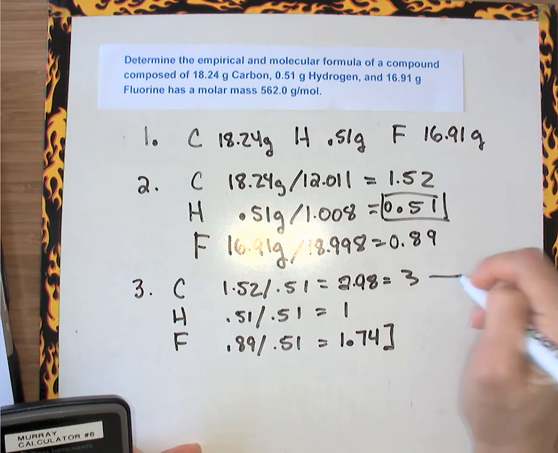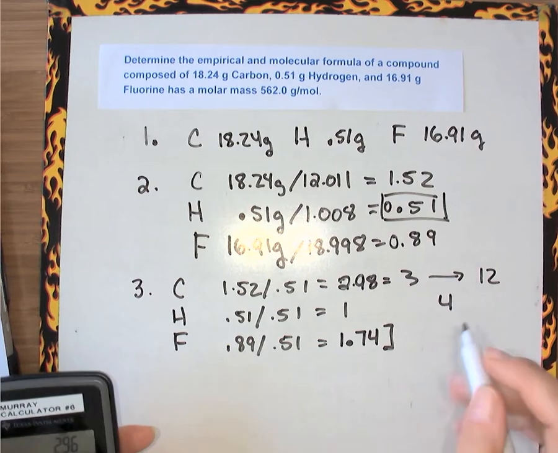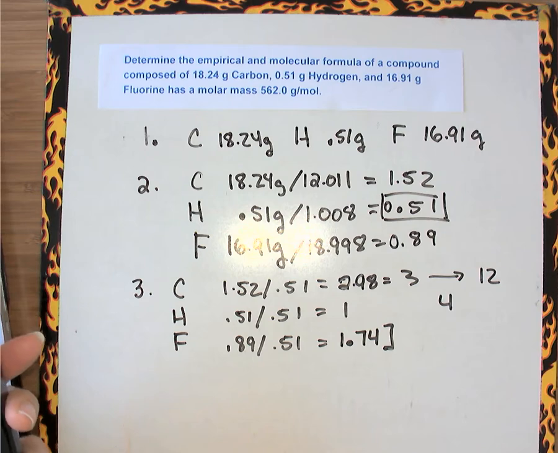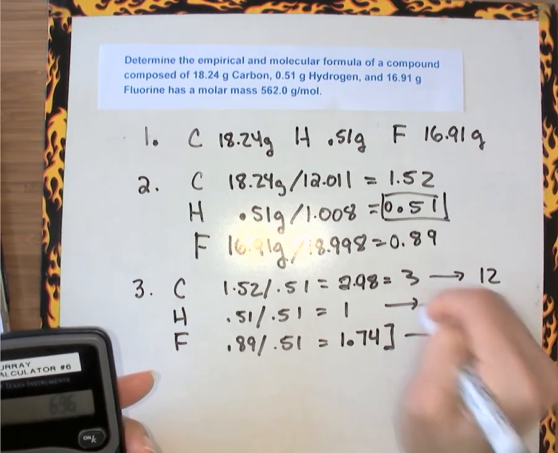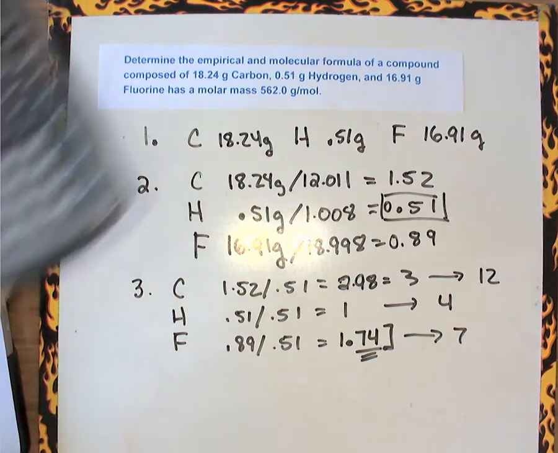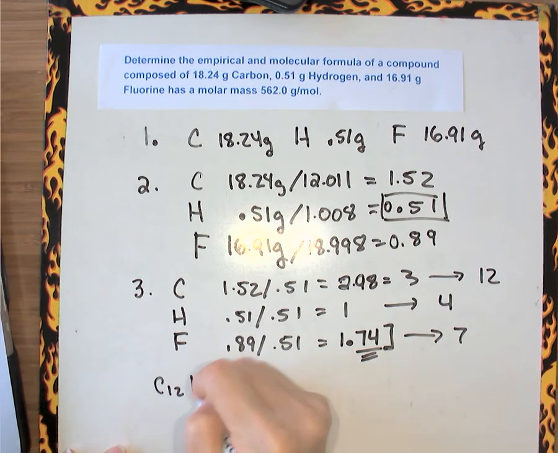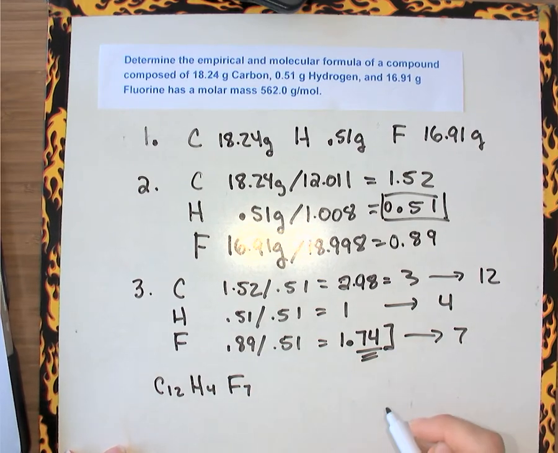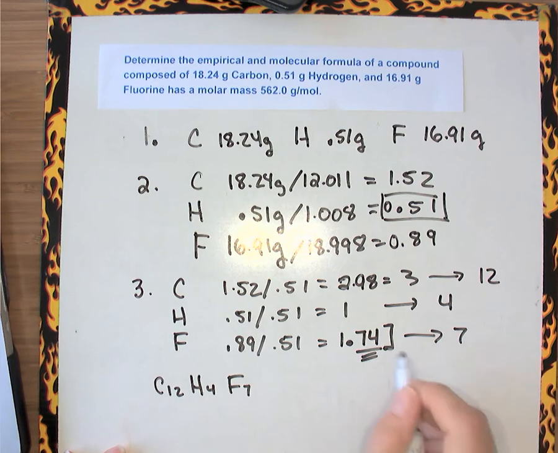So this is going to be 12, 4, and 1.74 times 4 equals 7. Okay, because that was right in the middle. Okay, so this is a harder problem. So we have C12, H4, F7. Okay, and I did that multiplied by 4 because I wanted to get to a round number.